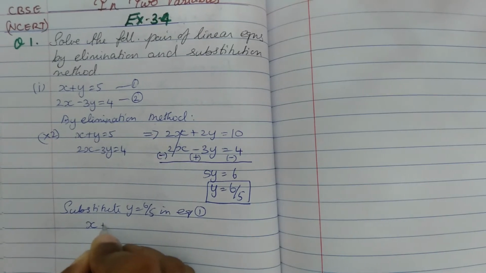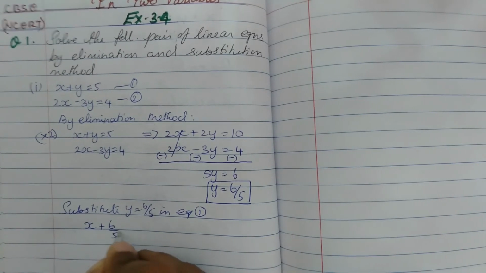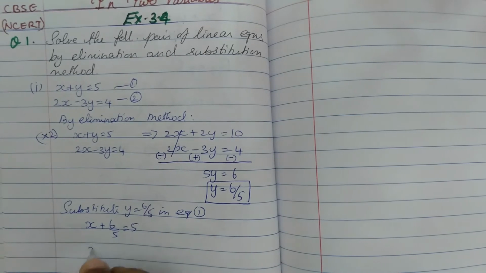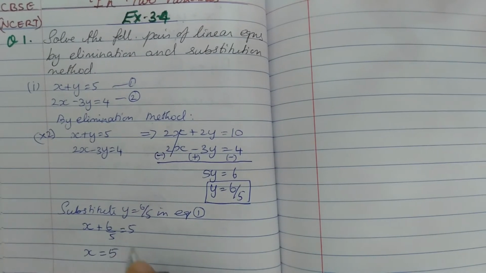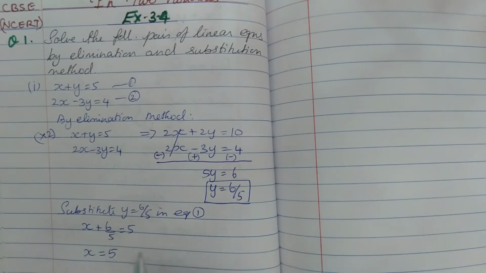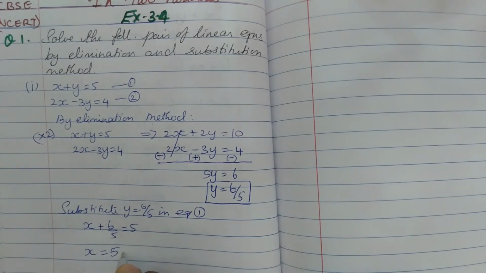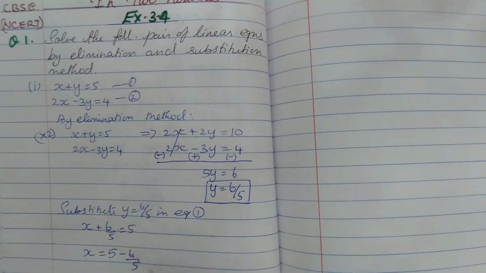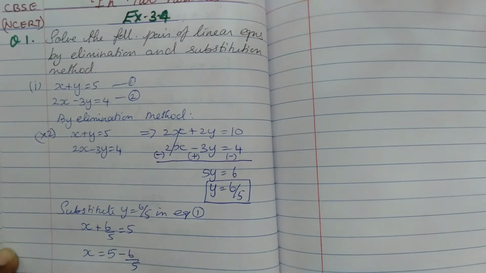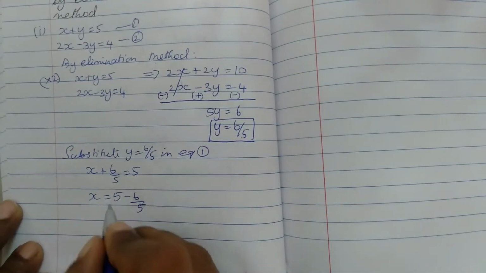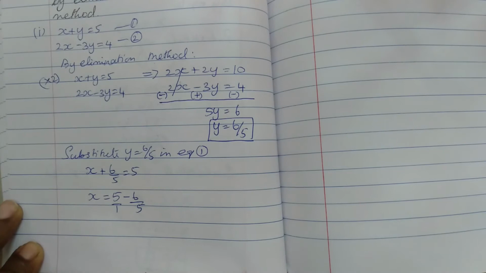So x plus 6 by 5 is equal to 5. Now x is equal to 5 minus 6 by 5, as 6 by 5 goes to the right hand side and becomes minus 6 by 5. Now you want a common denominator here, so you write 5 by 1 and then your LCM becomes 5.